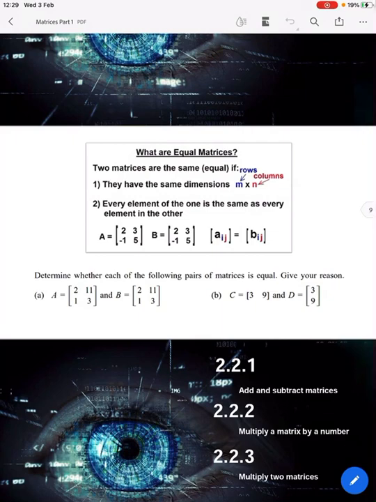For question B, matrix C we have 3 9, matrix D also we have 3 9. The thing is, matrix C is a row matrix, matrix D is a column matrix. Can we say these two matrices are equal? They are not. Why are they not equal? Because the orders are different.